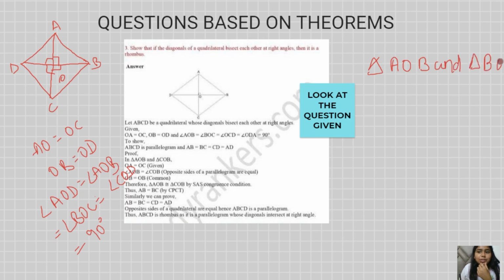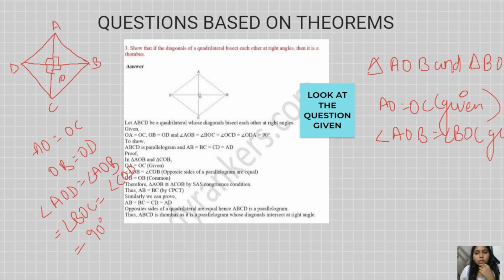Similarly, you can make all the triangles congruent to each other and all the sides equal, and hence it will be a rhombus. So in triangles AOB and BOC, AO is equal to OC, already given. Angle AOB is equal to angle BOC, also given. OB is equal to OB because it is a common side.